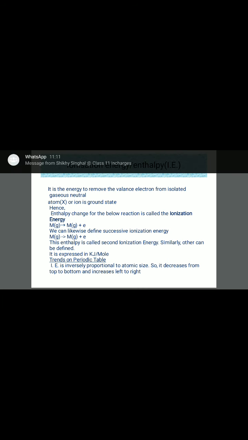Suppose you are dealing with a metal M. When it loses one electron, then it gives M positive. This enthalpy is called first ionization enthalpy. When M plus loses one more electron, then it becomes M plus 2. This is called second ionization enthalpy and it has the unit kilojoule per mole.